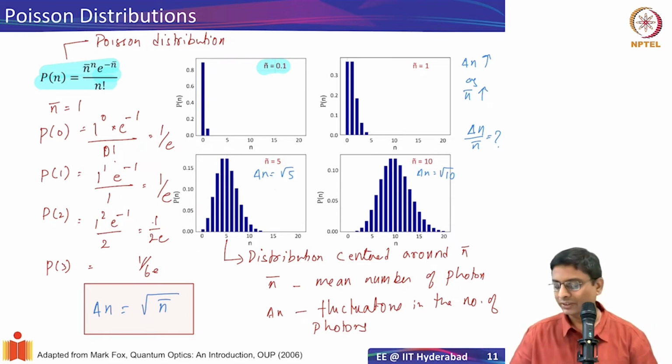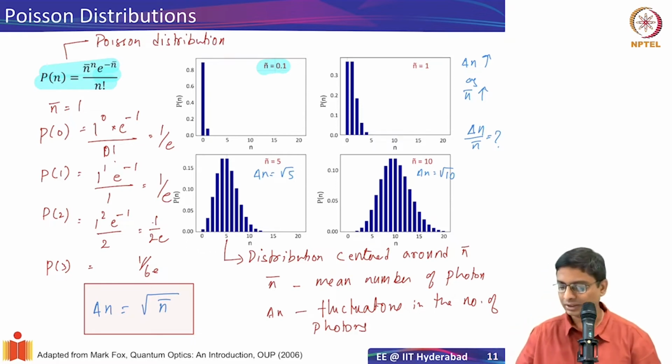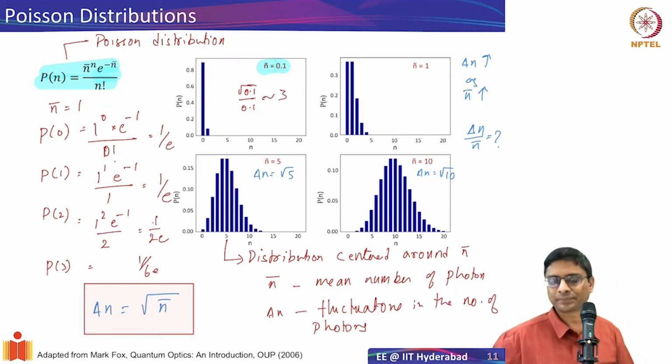So if you take the case of 0.1, the square root of 0.1 is how much? 0.3 something, right? So it's going to be the square root of 0.1 divided by 0.1. That's going to be 0.3 divided by 0.1, so roughly 3 something, approximately 3. In the first case.